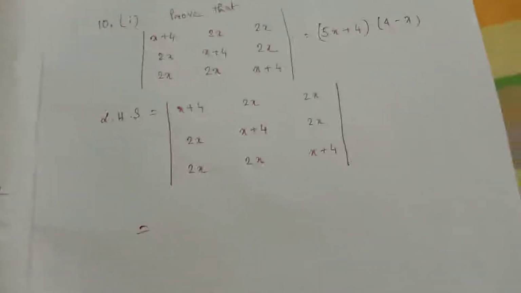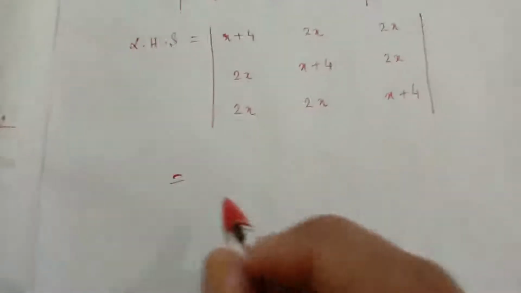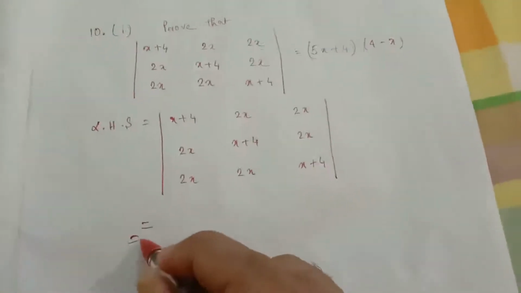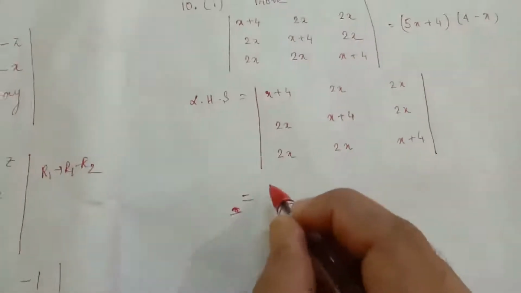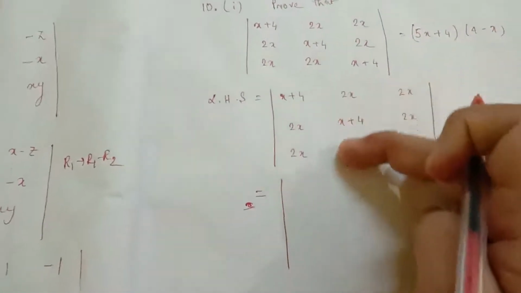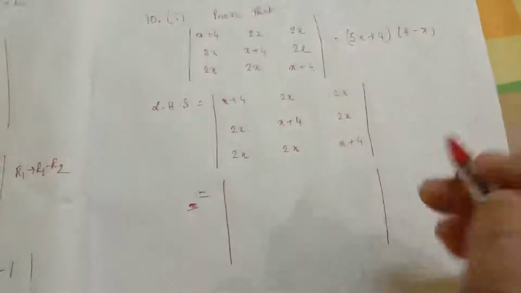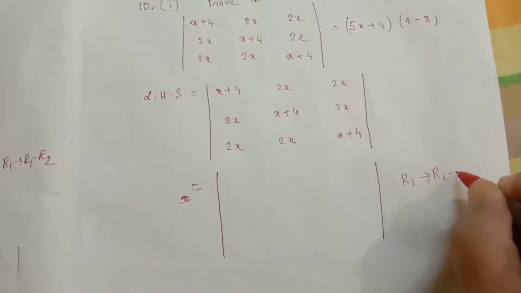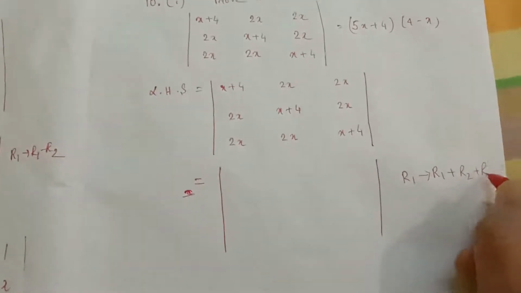In such type of sum, what we do, we just replace, as these three elements are same, we just replace R1 by R1 plus R2 plus R3.